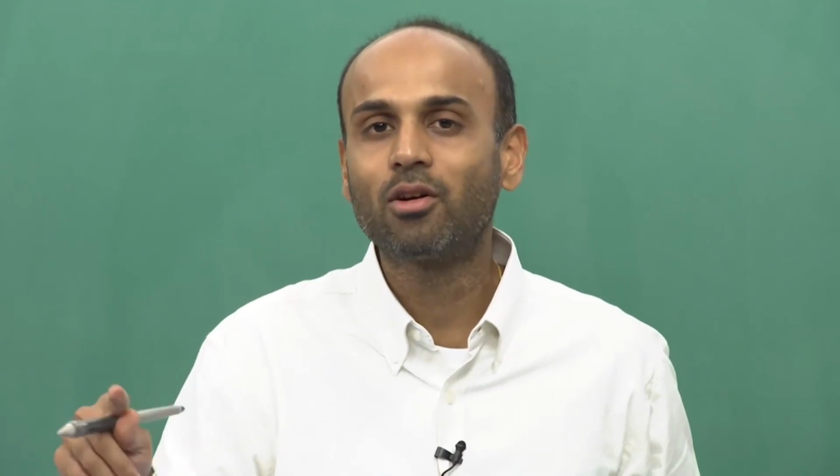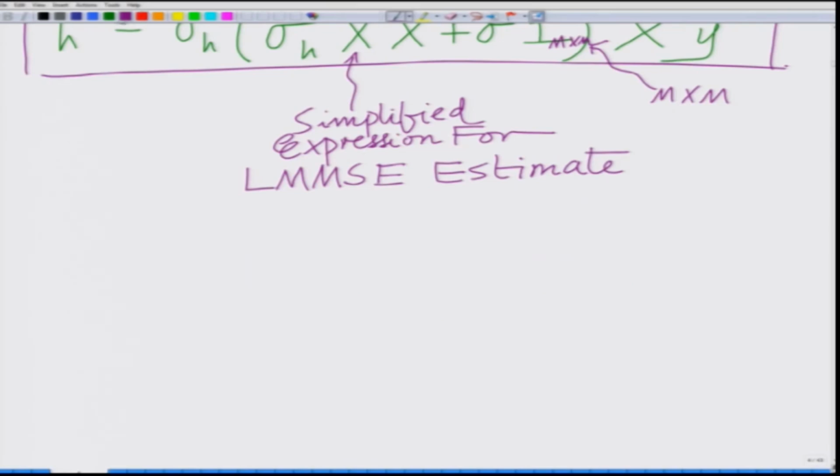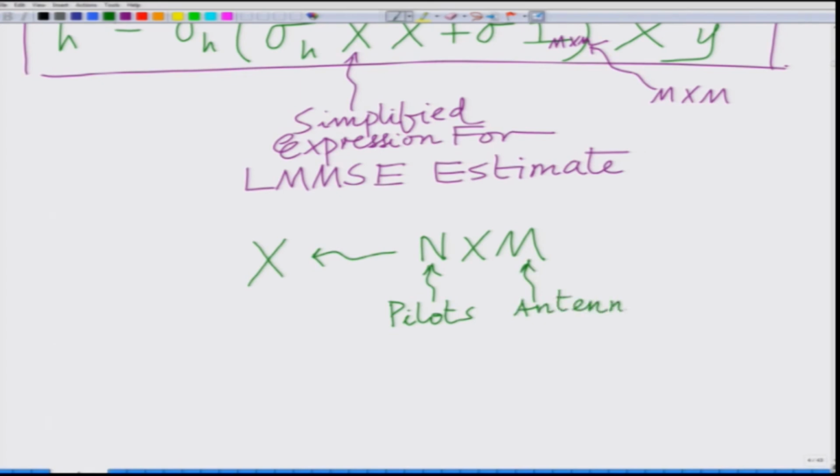That is, if you look at x, remember, x is n cross m, n is the number of pilots, m is the number of antennas.